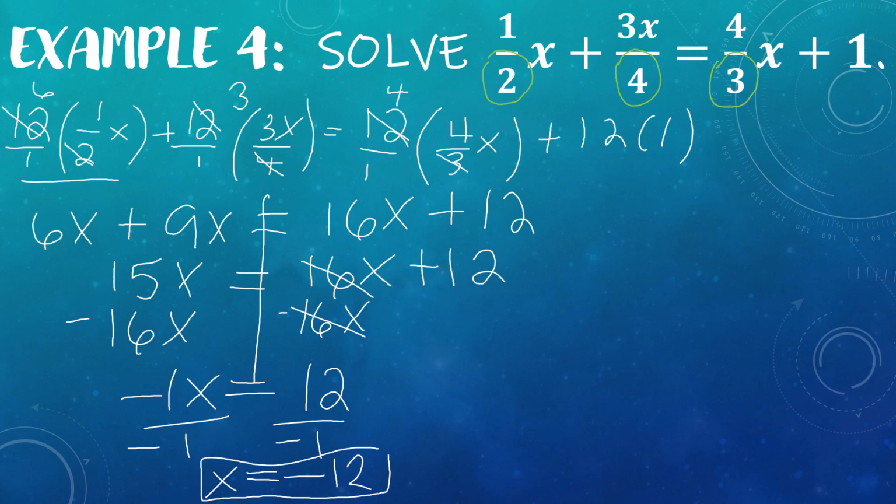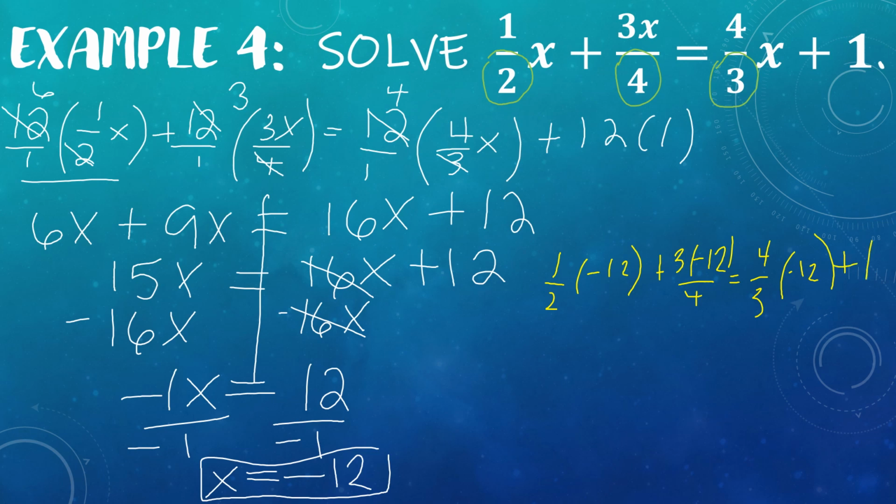Like always, we can certainly check it by plugging it back in. I don't have a lot of space, but I'm going to do my best. So I've got 1/2 times negative 12 plus 3 times negative 12 over 4 equals 4 over 3 times negative 12 and then plus 1. I apologize for the handwriting.